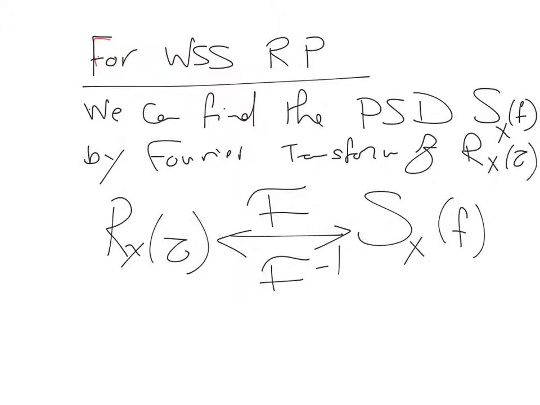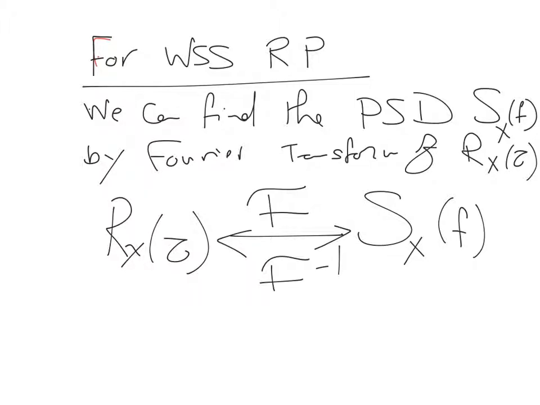In that case, the autocorrelation function is the time domain representation of the power distribution, and Sx, the Fourier transform of that, is the frequency domain representation of the power distribution, which we call the power spectral density. So power per unit frequency, and this one is power per unit time shift. Any questions so far?